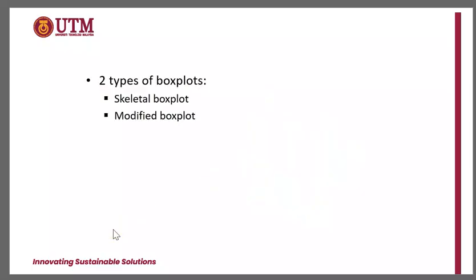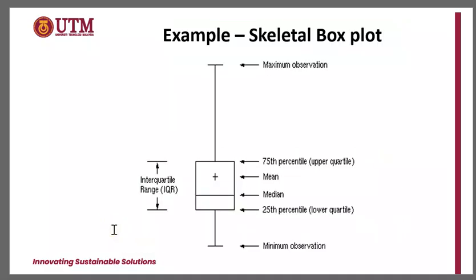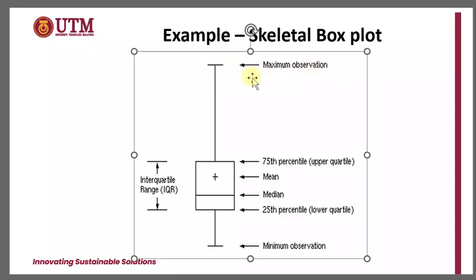We have two types of box plots: skeletal box plots and modified box plots. If you want to make the box plot for the data set, the maximum number will always be here above. After that Q3 will be here, then the median, Q2, which must be in the middle.